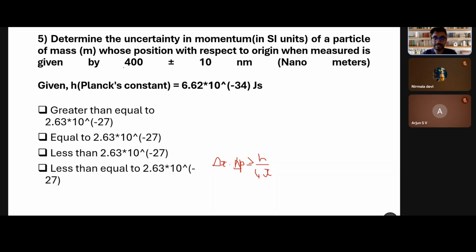So here we know that the uncertainty is given by 400 plus or minus 10 nanometer.